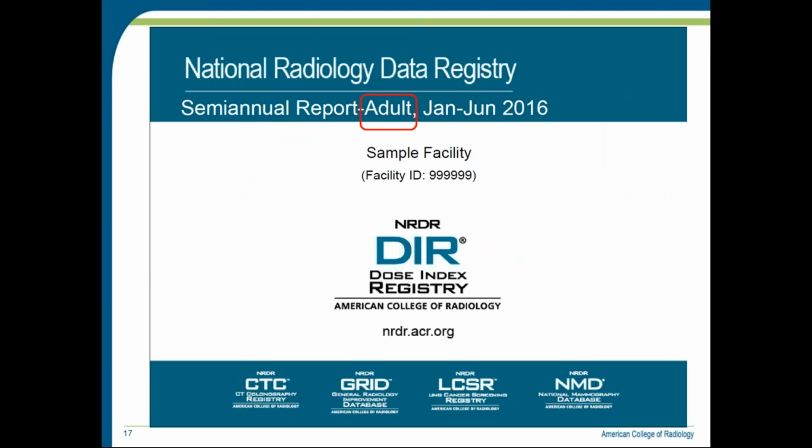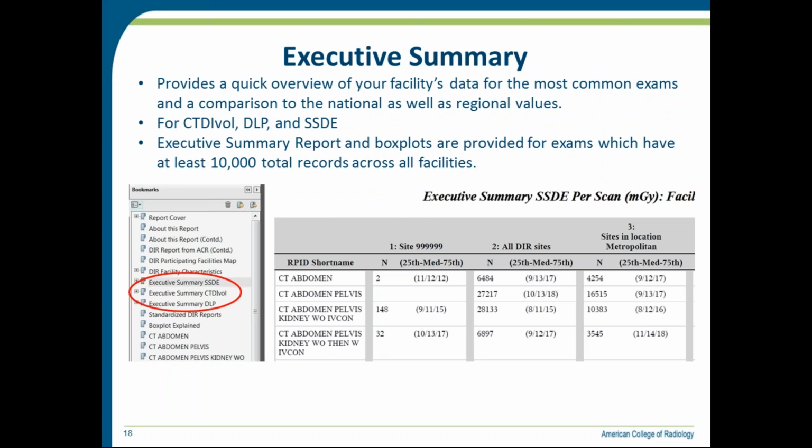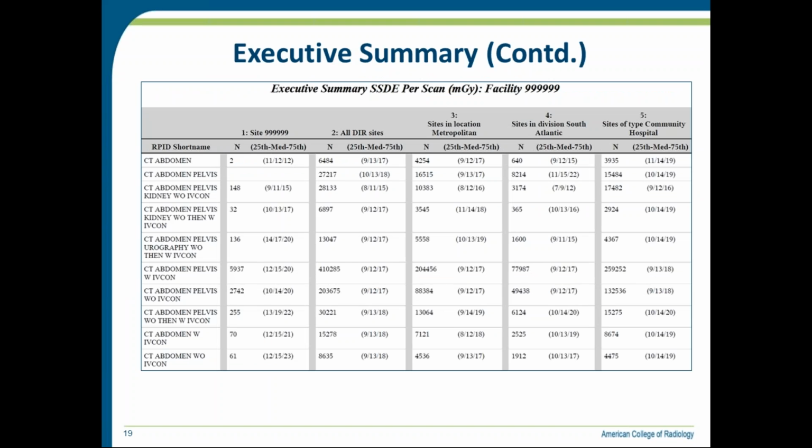Let's go to the semi-annual report for adults. First comes the executive summary report, and on the left-hand side you can see the red highlighted part shows the executive summary report for SSDE, CTDIvol, and DLP. So for each of these indices, you will have an executive summary report. This is a page that shows you the executive summary report for SSDE per scan.